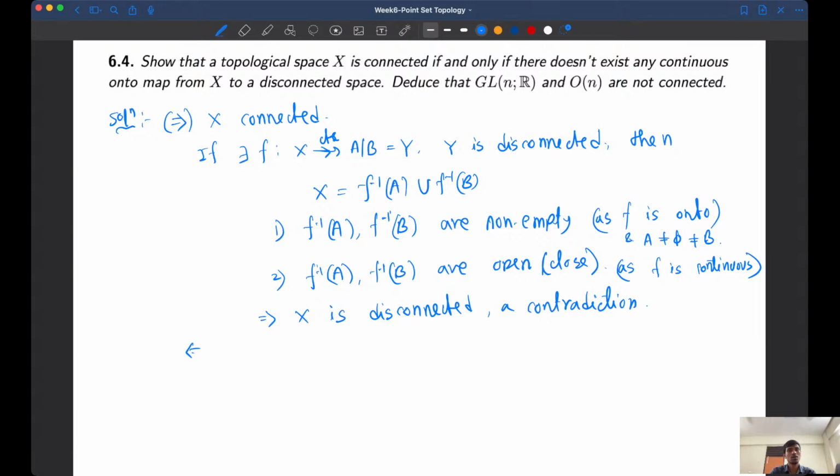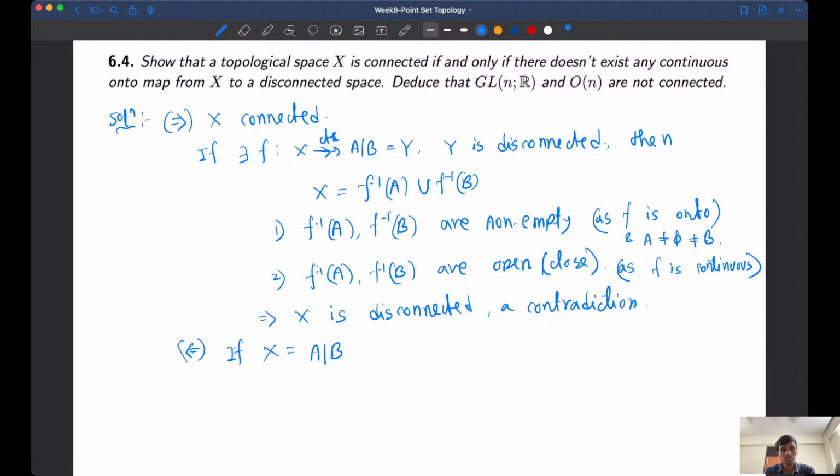Okay, so for the converse part, suppose that there does not exist any continuous onto map from X to a disconnected space. I want to show that X is connected. Suppose X is the union of A and B, and this is a separation.